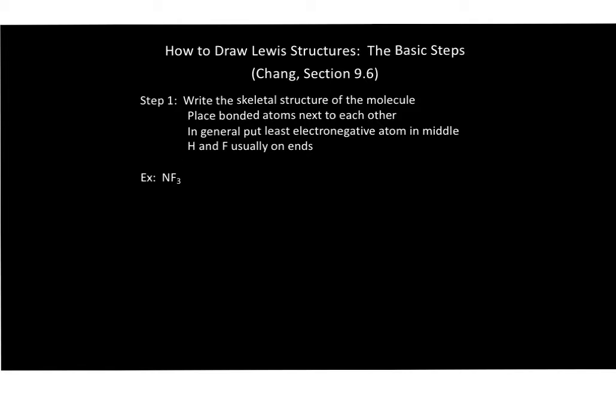So let's go ahead and do step one with our molecule here. Our example is NF3. When I think about electronegativity, I think about nitrogen, its electronegativity. If I look on the scale, electronegativity is a value of 3.0.